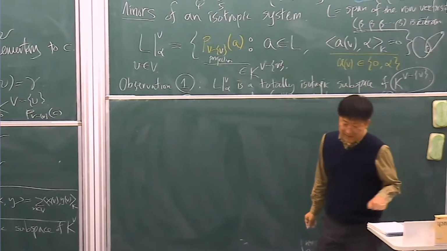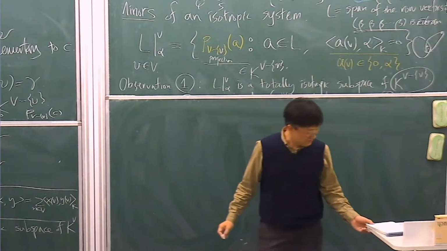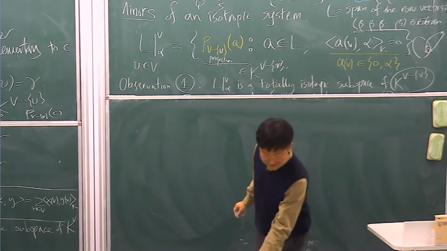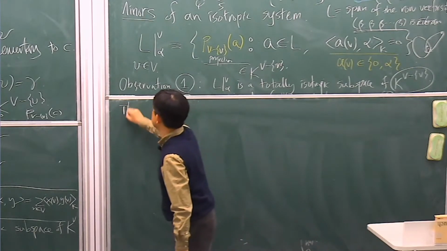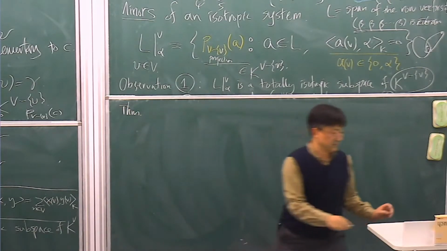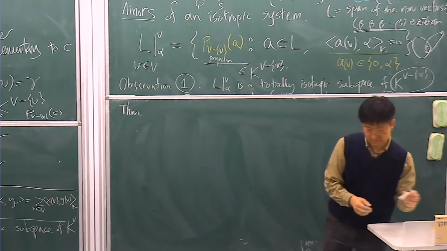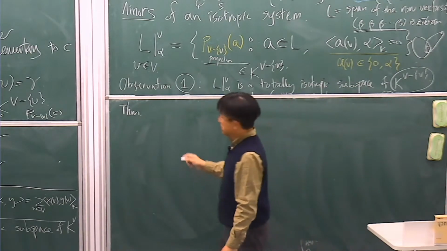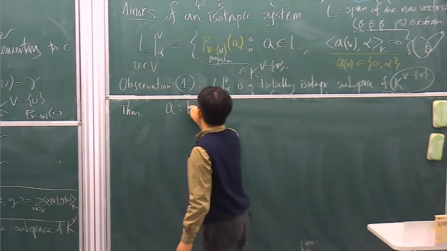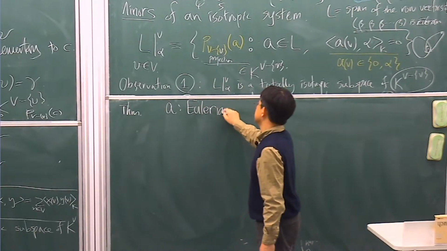All right, and now this theorem I'm just going to state. So let's say A is a Eulerian vector of an isotropic system.